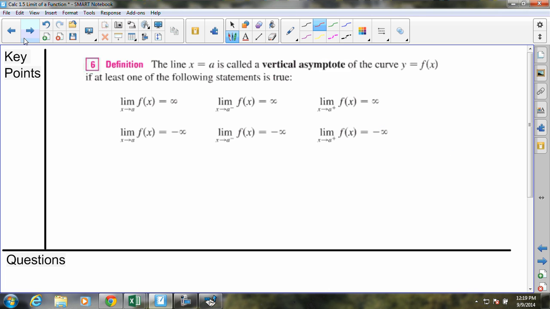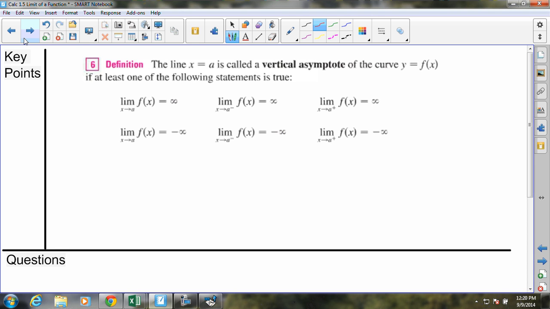Example 11 is based on these pieces. You'll notice how we have all these ones where we're looking at it. The total limit approaches infinity. The total limit approaches negative infinity. Limits from the left go off to positive or negative. Limits from the right go off to positive or negative.